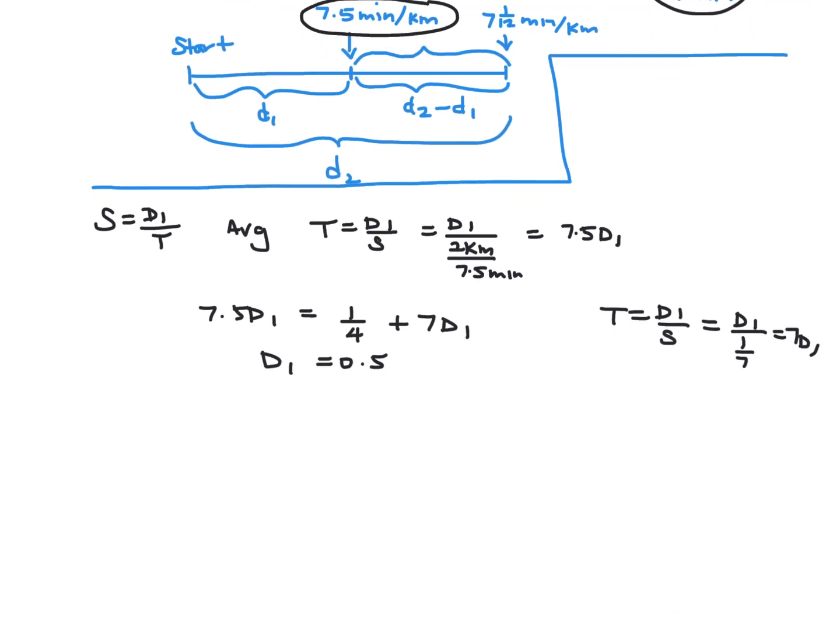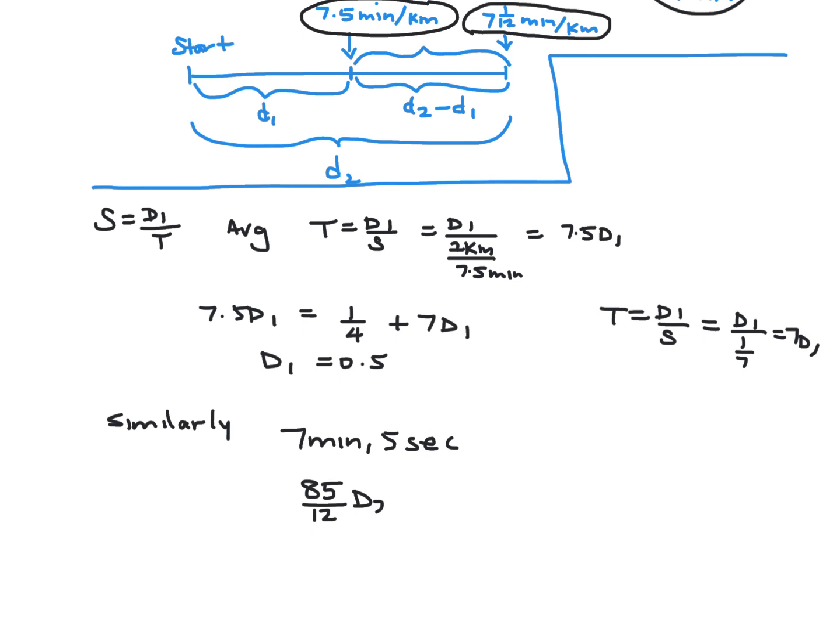All right, so then we do the exact same thing this time for the next segment, this guy here. So similarly, for 7 minutes and 5 seconds, that is 85 over 12, if you convert it to fractions, this time for d2. And again, it'd be 1/4 the 15 seconds that she stood there.